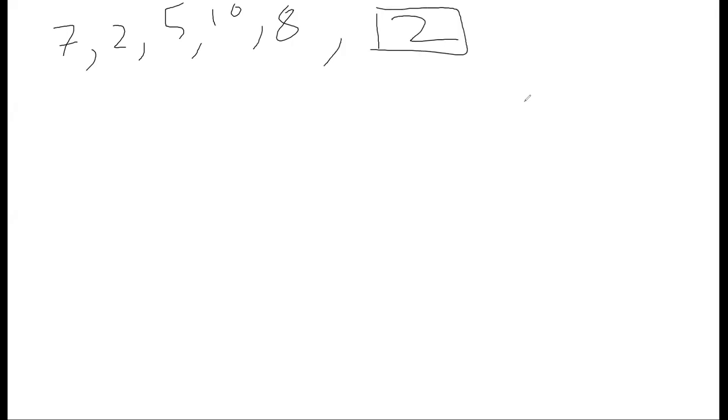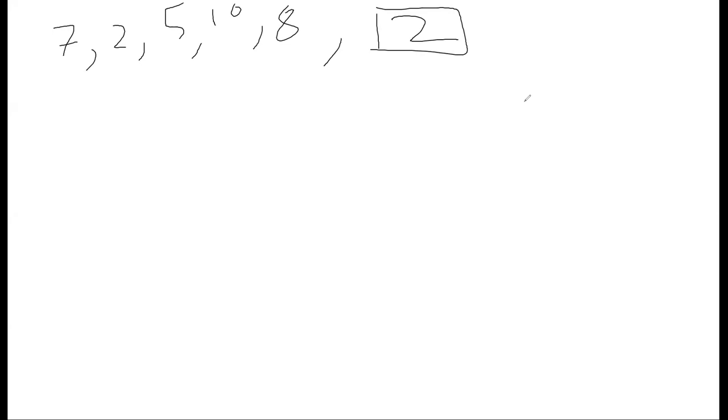Yeah. Okay. So what the problem is essentially, let's take an example of the array 7, 2, 5, 10, 8. So this is the input array, right? And they have said to split it into two sections such that the maximum of the sums of the subarrays is minimum.